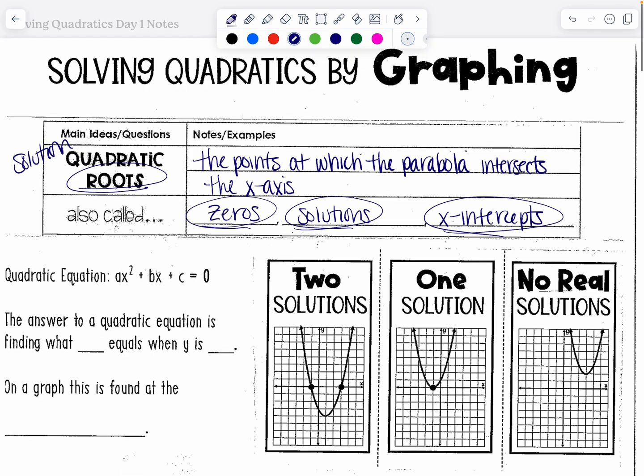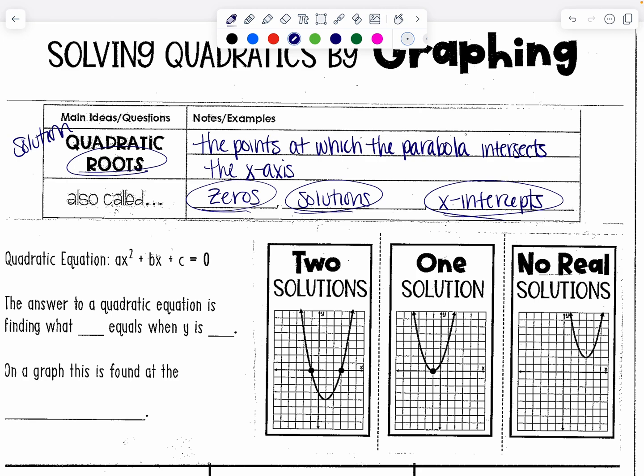The quadratic equation, ax squared plus bx plus c, is standard form. We've seen that a lot. But now instead of it being y equals, we're making this equal 0. In order to solve a quadratic equation, it must always equal 0.